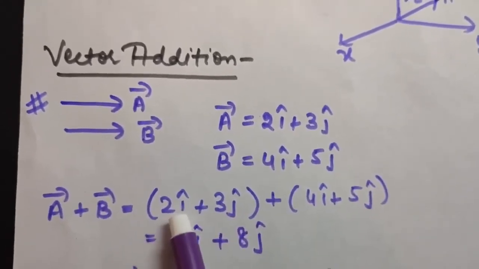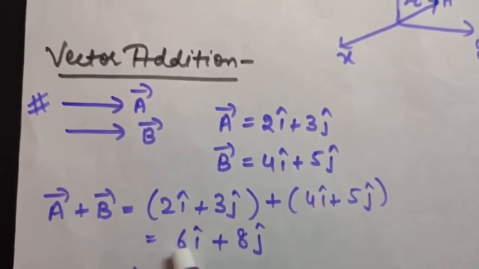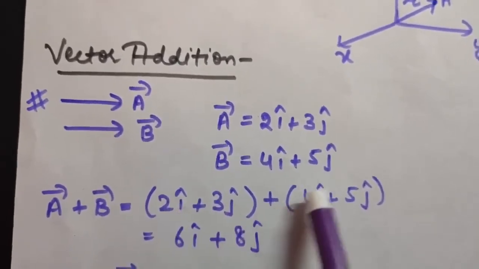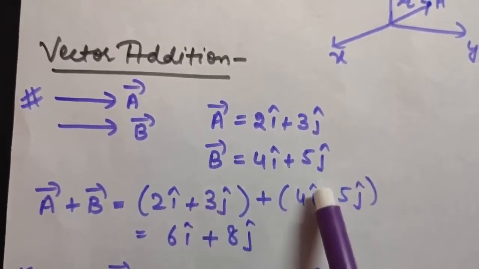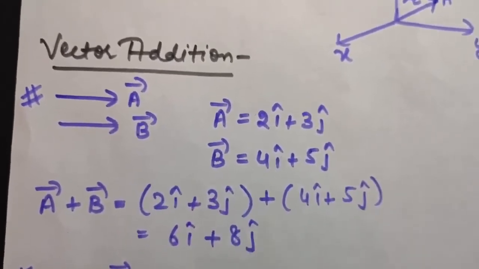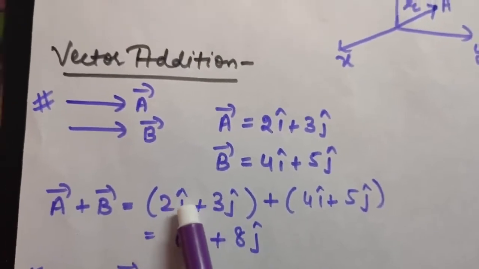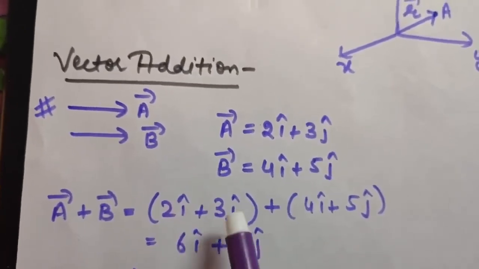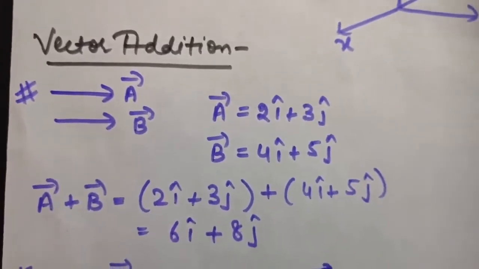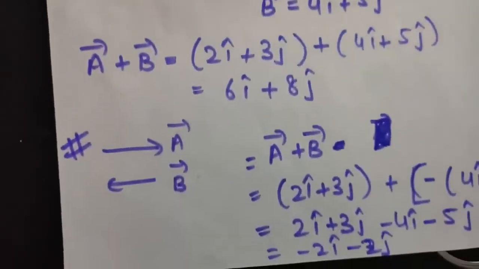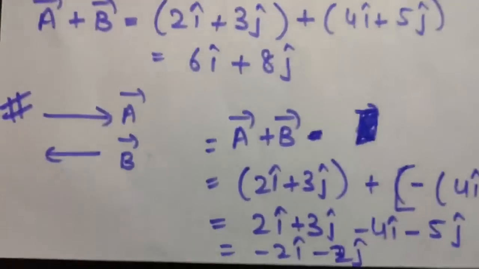So 2i cap plus 4i cap will be 6i cap, and 3j cap plus 5j cap will be 8j cap. So remember this, only i cap terms will be added to each other and j cap terms will be added to each other.